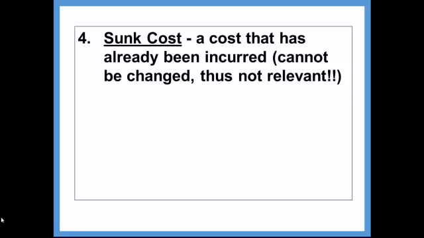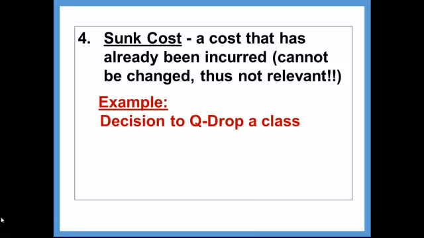Sunk cost. Now this is a cost that has already been incurred. It can't be changed, therefore not relevant. So let's continue our attending college example and look at the decision to Q-drop a class. I often have students that come in and they're trying to decide if they should drop my class or some other class.